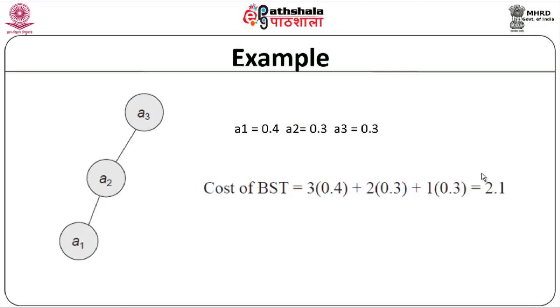A2 occurs at level 2, therefore it is 2 into 0.3, and A1 occurs in level 3, therefore it is 3 into 0.4. So, put together, the cost of this particular tree is going to be 2.1.